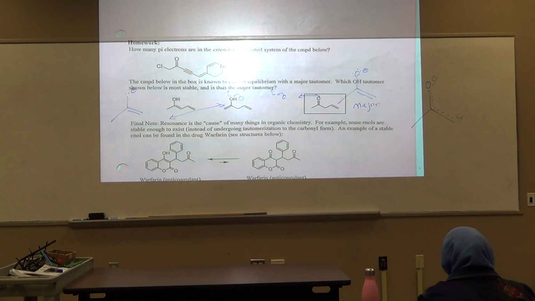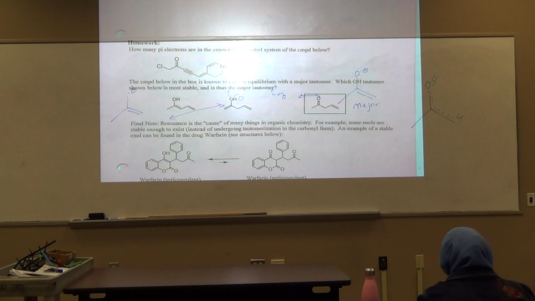Not 8. 12. Anybody? Not 12. 14. Not 14. All right, let's try the next one. Please look at that. You need to understand the structure up there. You can draw your pi system.